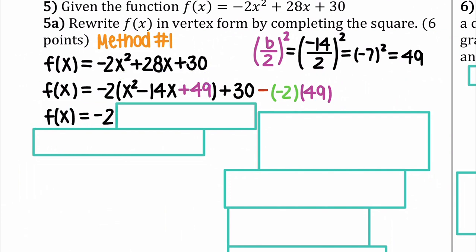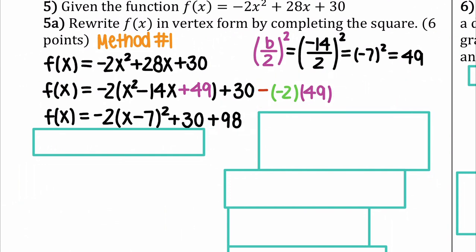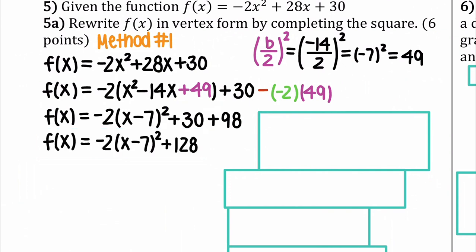So now we have f of x equals negative 2, and now we can factor this entire perfect square trinomial into a perfect square, giving us x minus 7 squared plus 30, and then simplifying all of this gives us plus 98 as well. And now finally combining like terms of 30 and 98 gives us our final answer: f of x equals negative 2 times x minus 7 squared plus 128. And that's it.